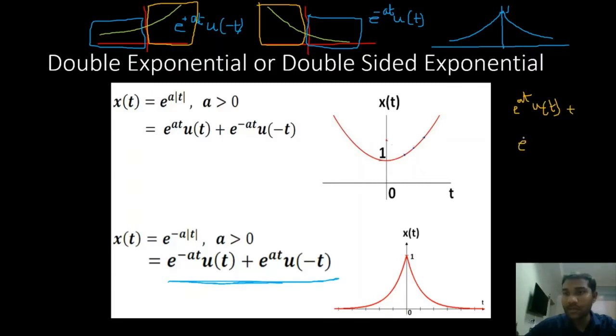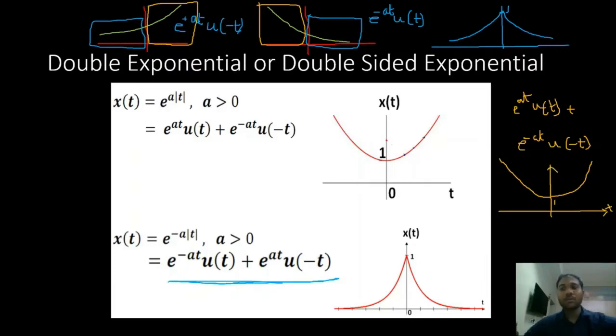Decaying exponential is e power minus at, and we only want the left half, so into u of minus t. If you look at the graphical representation, the right half of the rising exponential and the left half of the decaying exponential, right? This is t and this is your double exponential signal. That's how we get these graphical representations and mathematical representations.